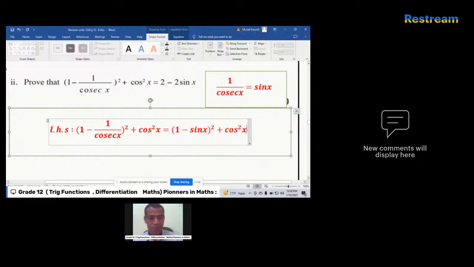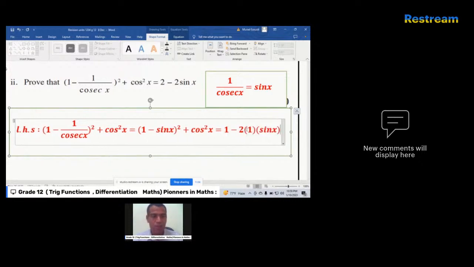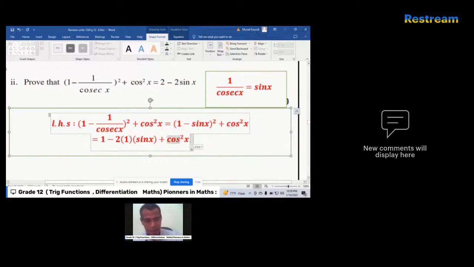Therefore, this will give exactly 1 square, which is 1, minus 2 times 1 times sine of x, plus sine square of x.